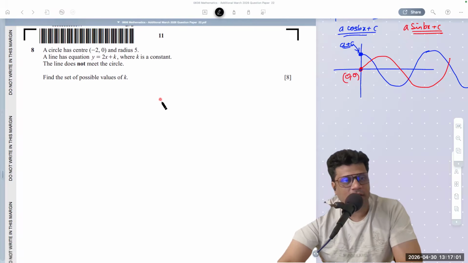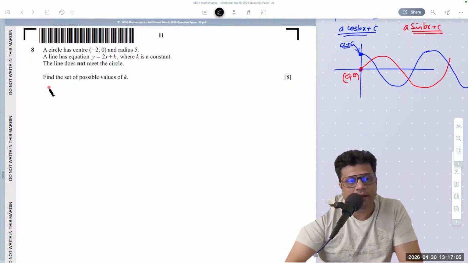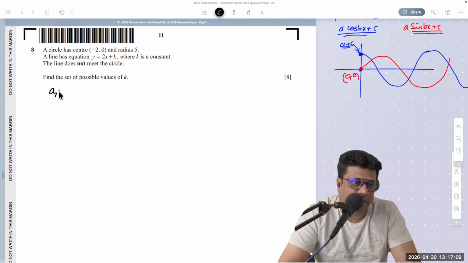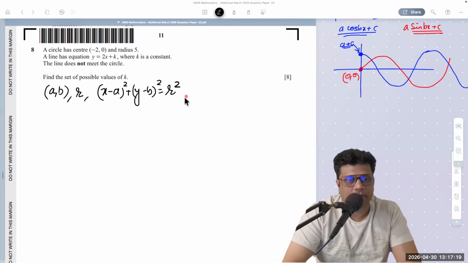There is a circle with a center and the radius. Well, right away, if A comma B is the center of a circle and the radius is R, I know that its equation is going to be this.